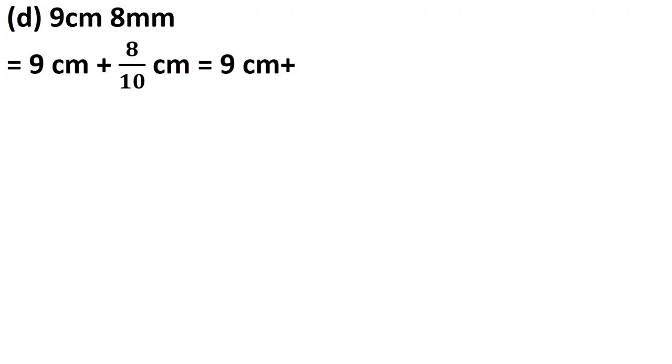This is the D part of question number 3. 9 centimeter, 8 millimeter. 9 centimeter plus 8 upon 10 centimeter. 9 centimeter plus 0.8 centimeter, which is equal to 9.8 centimeter.